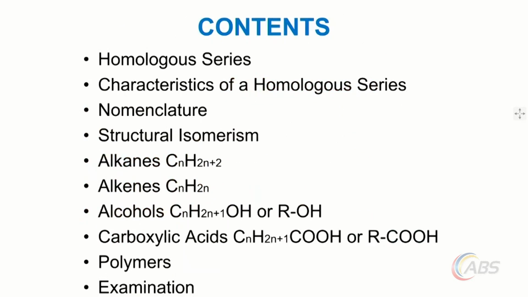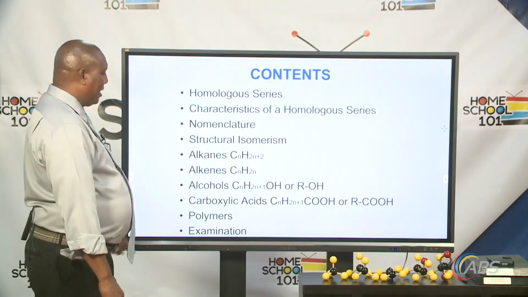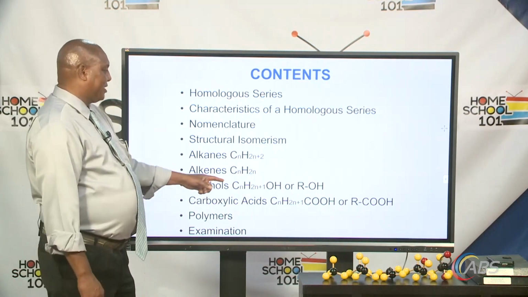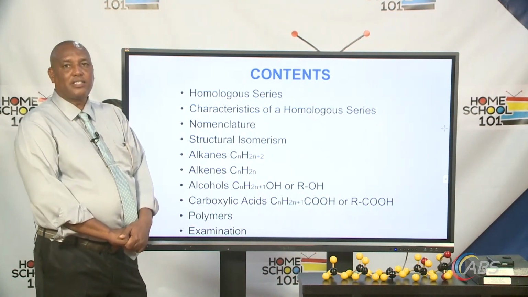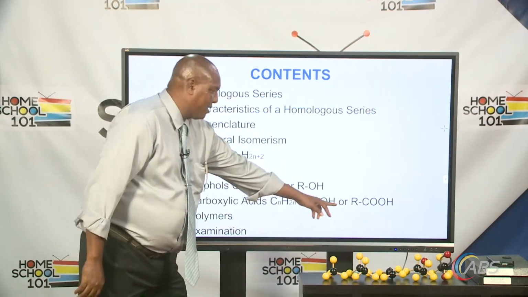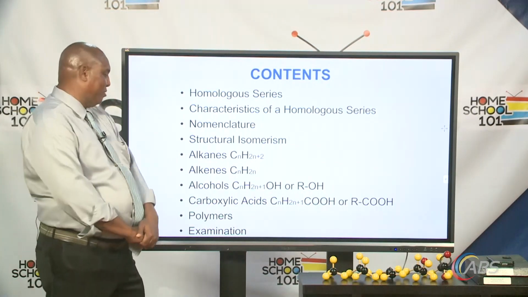Alkenes, CnH2n. Alcohols, CnH2n plus 1 OH, or sometimes just referred to as ROH, where the R represents the CnH2n plus 1 part of the molecule. Carboxylic acids, CnH2n plus 1 COOH, or RCOOH. Again, the R here representing the CnH2n plus 1 part of the molecule.